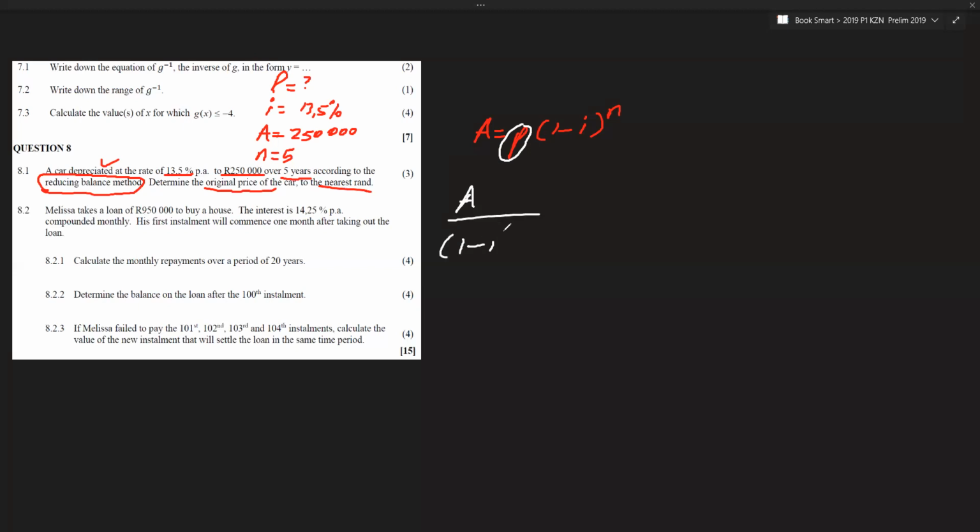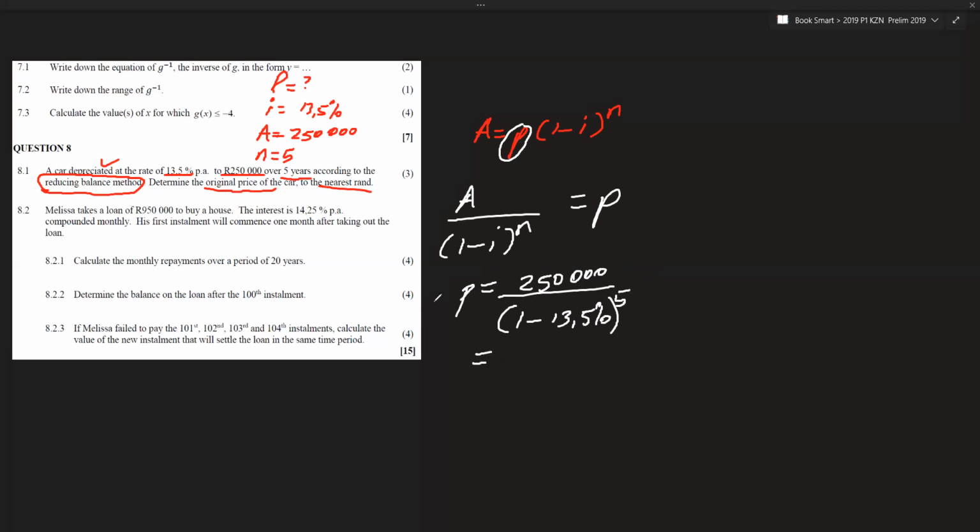It always does the opposite on the other side. So that's my P. Then I can easily see that P is going to be my A, which is 250,000 over 1 minus the interest, which is 13.5%, to the power of 5.